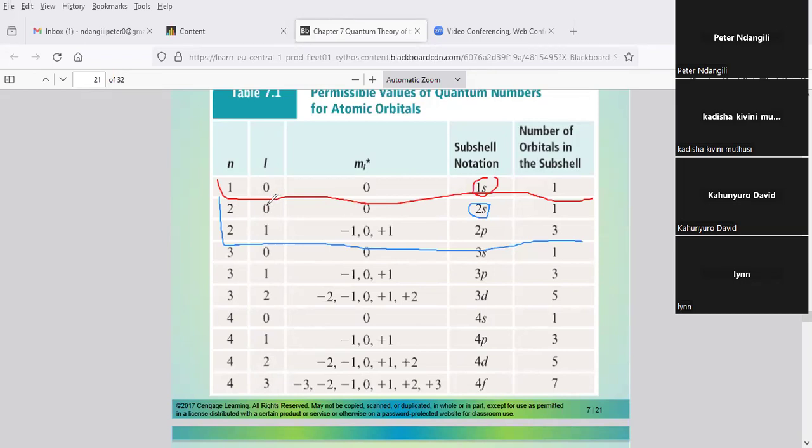The S is coming from the L value. The 2 is coming from the principal quantum number. Now, again, when N is equal to 2, there's another value of L that we can get. This value of L can give us 3 ML values, which are -1, 0, and +1. And that is a 2p. And a 2p is going to have 3 degenerate orbitals. And these 3 is what we are writing here.